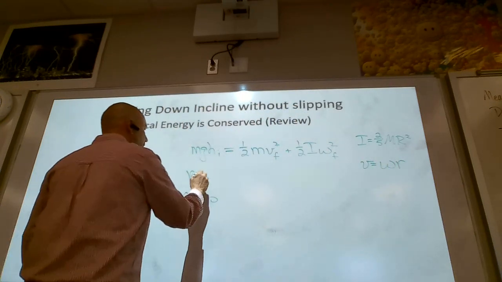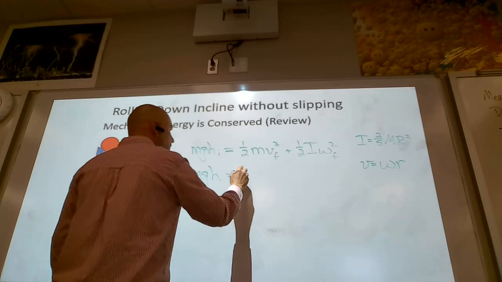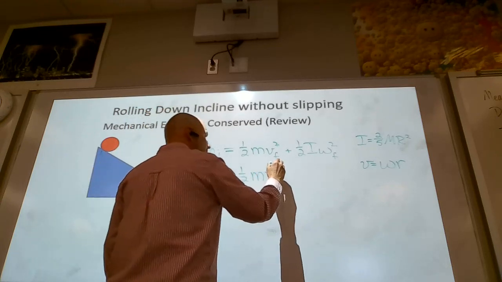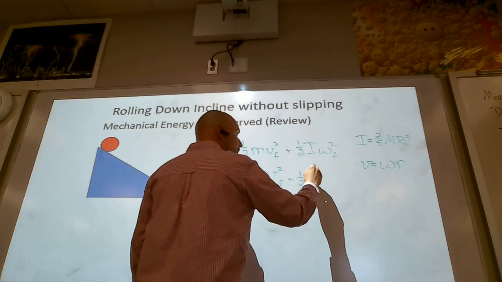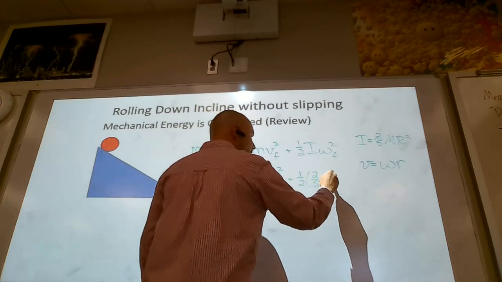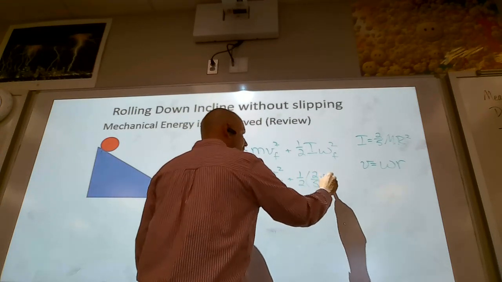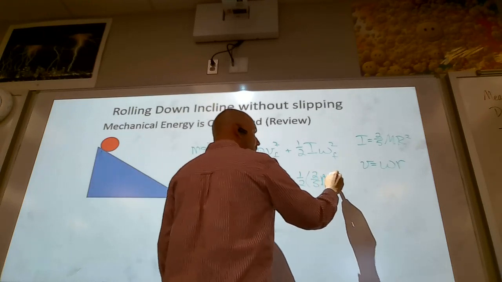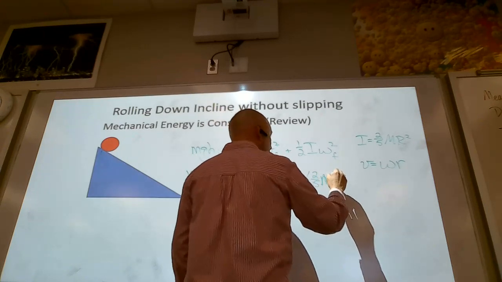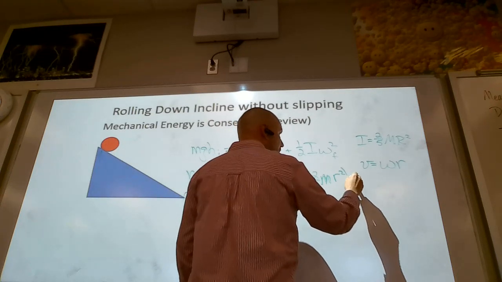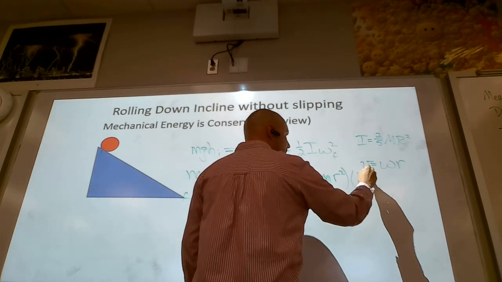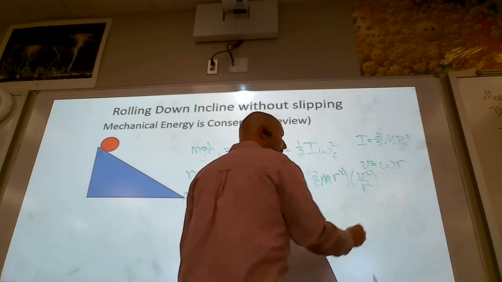So I'm going to go mgh is equal to 1/2 mass times speed squared final plus 1/2 times 2/5 m r squared times speed squared over radius squared.